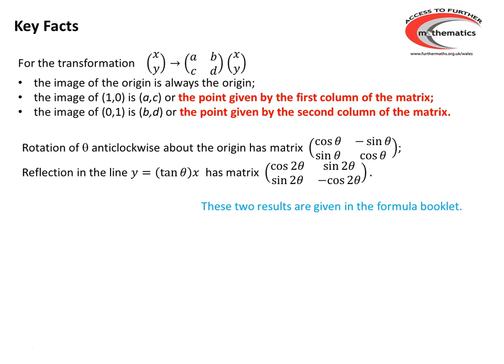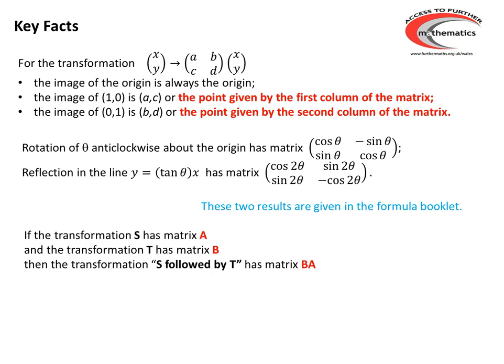And the second really important one is that a reflection in the line y equals tan theta times x can be described by the matrix whose first column is cos 2 theta, sin 2 theta, and whose second column is sin 2 theta, minus cos 2 theta. And these 2 results are given in the formula booklet.